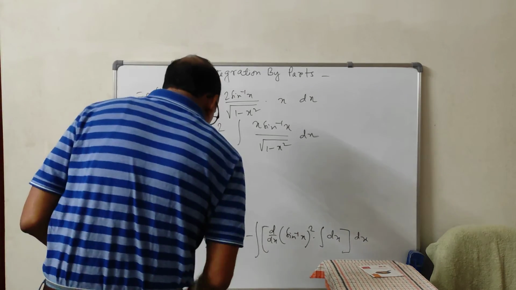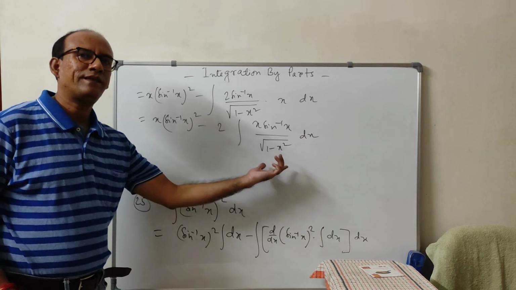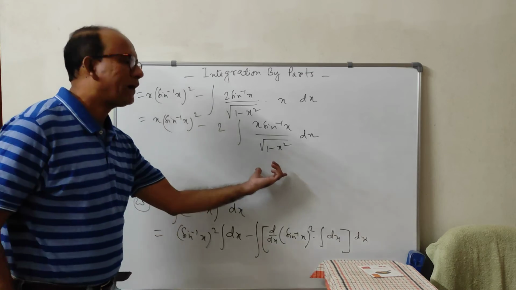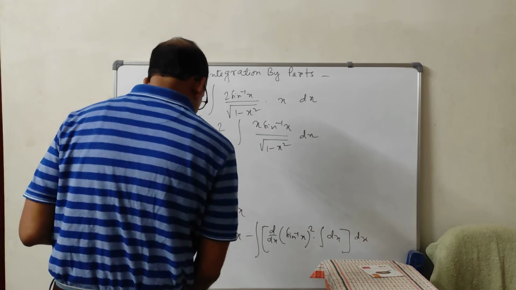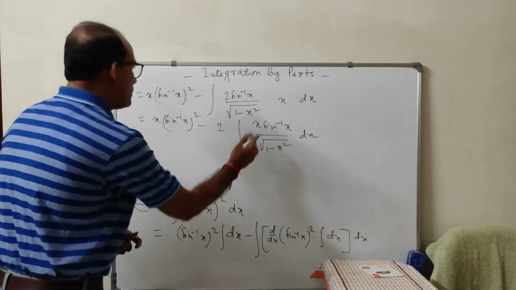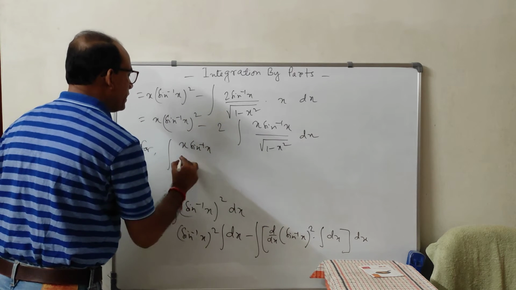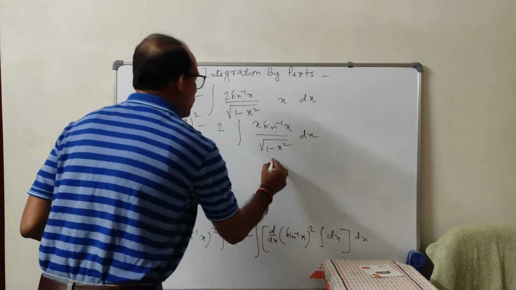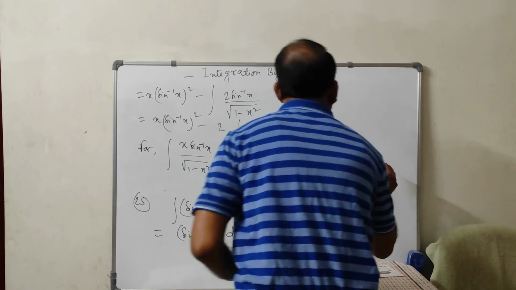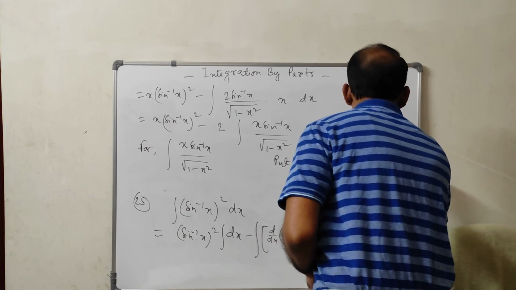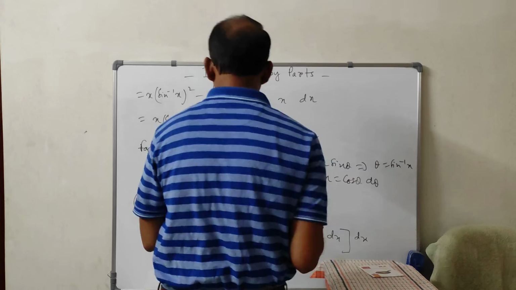Now see, in problem number 17, we integrated this function. This is the same integral we have already encountered in problem number 17, which was integration x sin inverse x by root over 1 minus x square. So for the second part, here I repeat, x sin inverse x by root over of 1 minus x square, put x as sin theta. That means theta will be sin inverse of x, and dx is cos theta d theta.